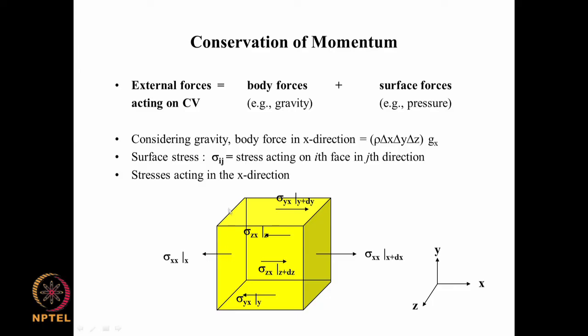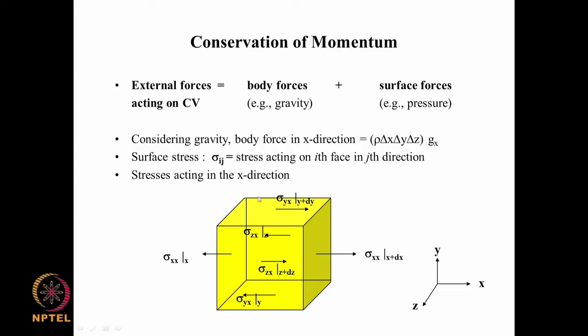So when you say sigma 1, you are referring to forces acting on the right face and on the left face. Whether the stress is acting in the x, y or z direction is given by the second index. So sigma xx is the stress acting on the x face, and the second index x indicates that it is acting in the x direction.